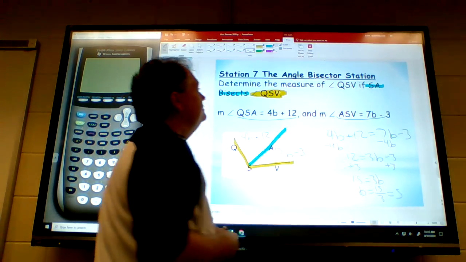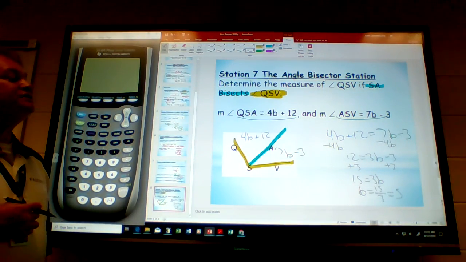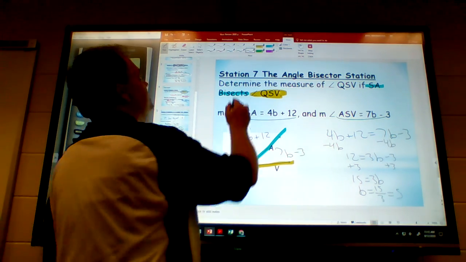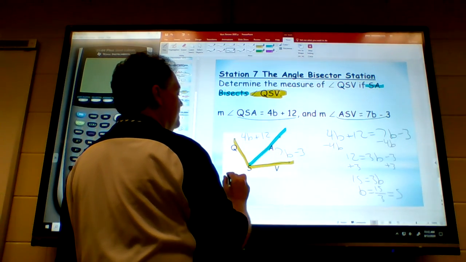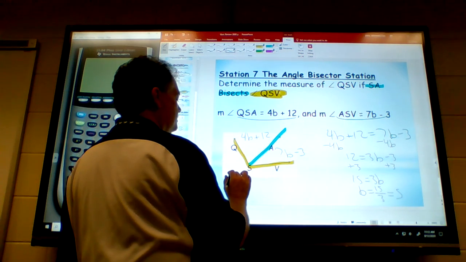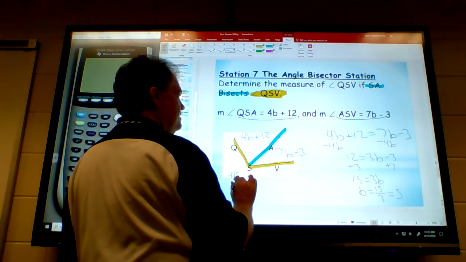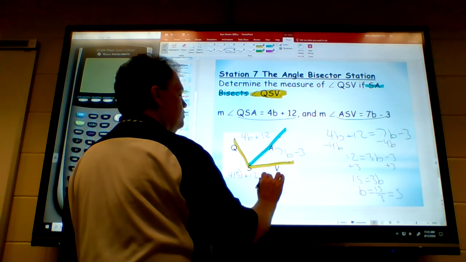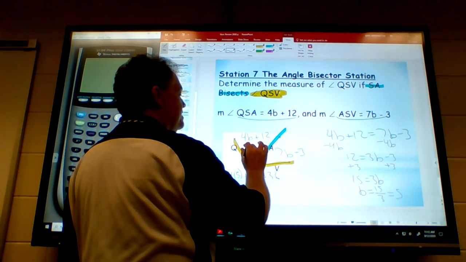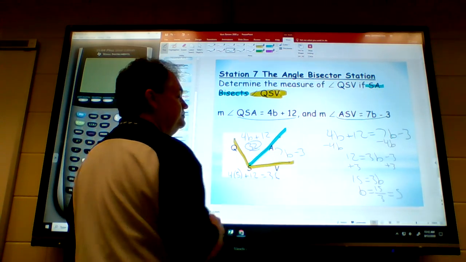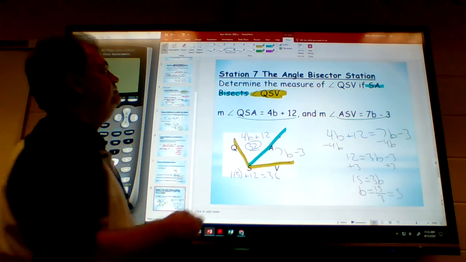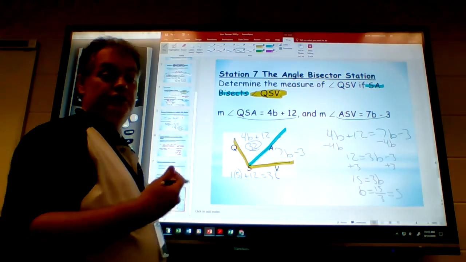So B is 5. But I want to know the measure of the angle. So I have to plug them both in. And once I do that, I got 4 times 5 plus 12, which is 32. So this angle has a measure of 32. Well, the next one should also be the same.